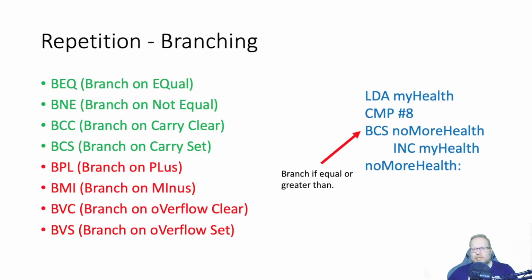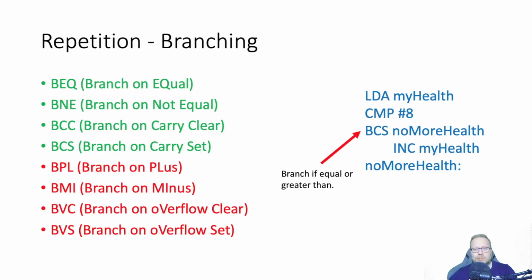And of course, as you remember, we have this simple example. We're loading A with something. We're using compare because we need to use CMP when we're using LDA. So the accumulator has its own compare mnemonic. If you're using LDX, we need to use CPX.